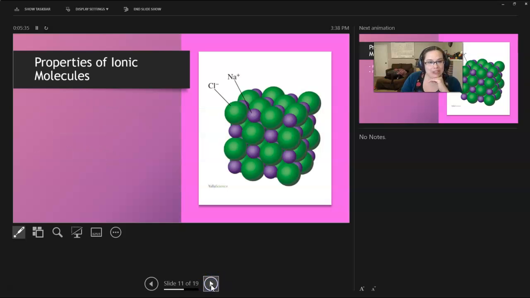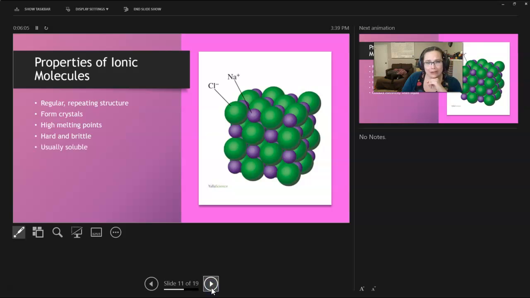These bonds are very strong and usually result in a very solid and regular repeating structured crystal. So, ionic molecules have a repeating structure, usually forming a crystal. They have a very high melting point, and as a result of the molecular structure, they are hard and brittle.